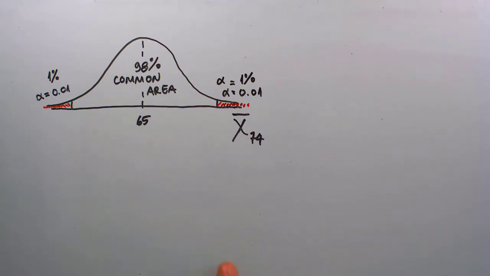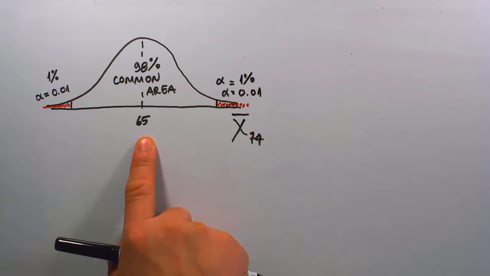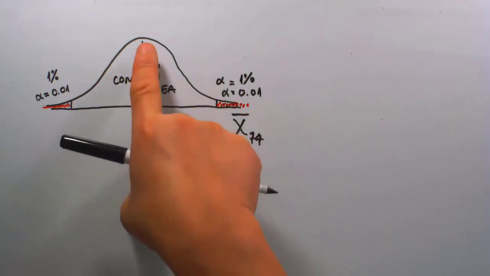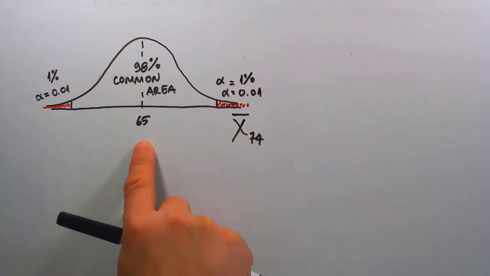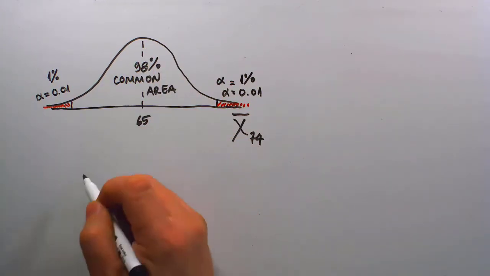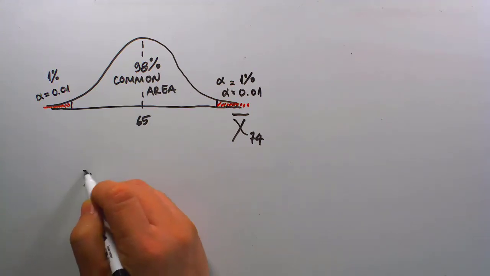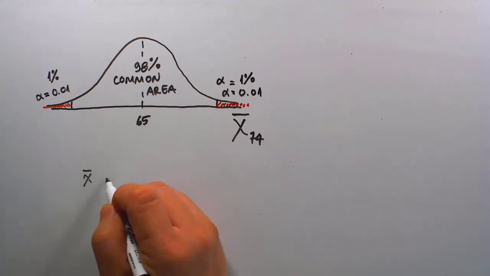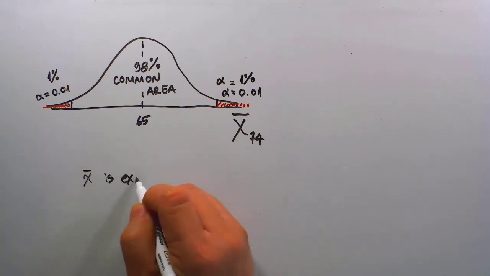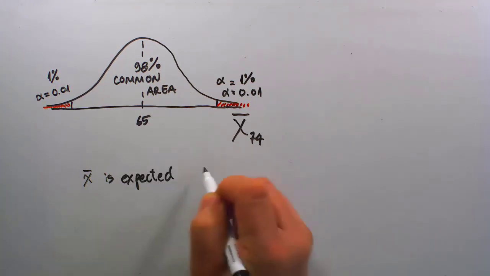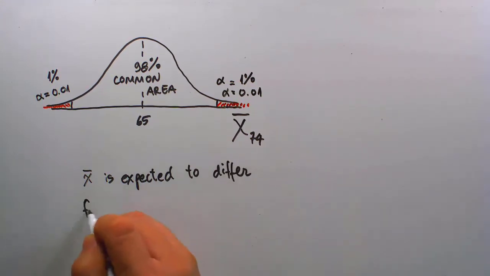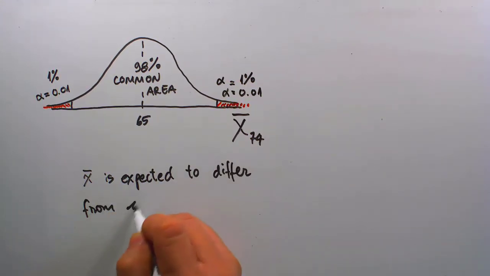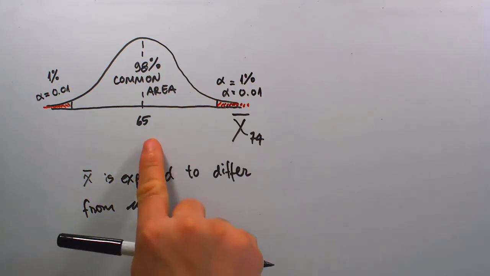Anyone testing a hypothesis must understand that once a claim is made, or once we have the center of a bell curve, then any sample mean that we pick up is expected to differ from the center in the middle of the bell curve.